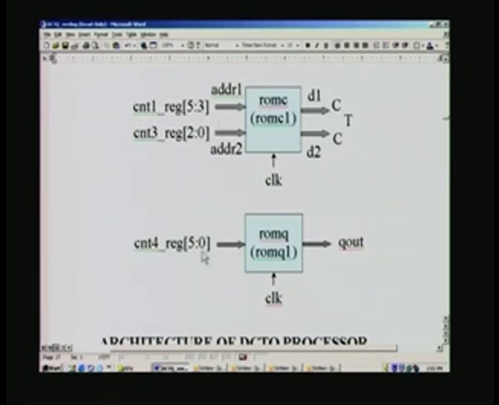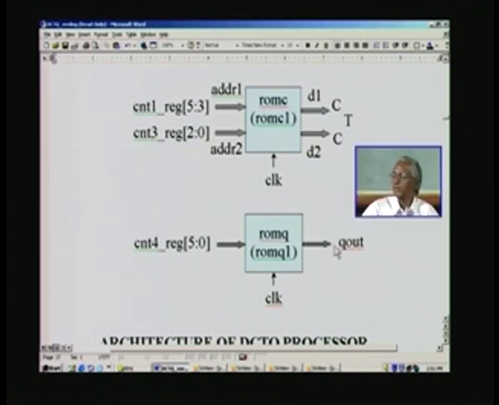So this is quite simple, and counter 4 gives the address for the ROM queue, right. Out comes the quantization matrix value here. For example, if you give 0 here, out comes 8 here. If it is 1, it will be 16, and so on.